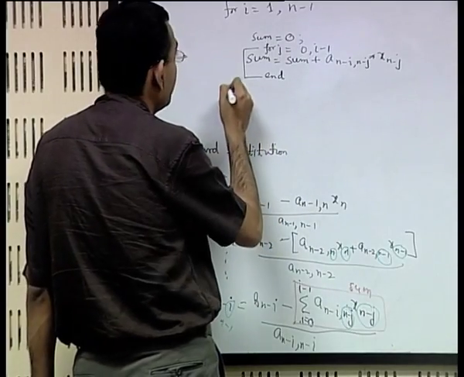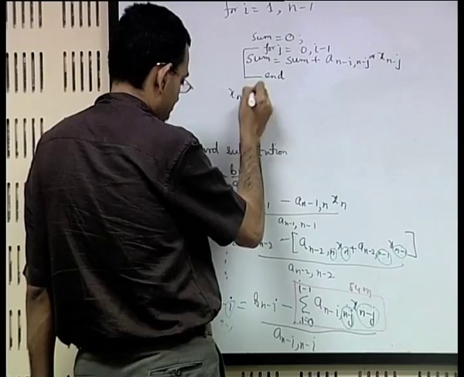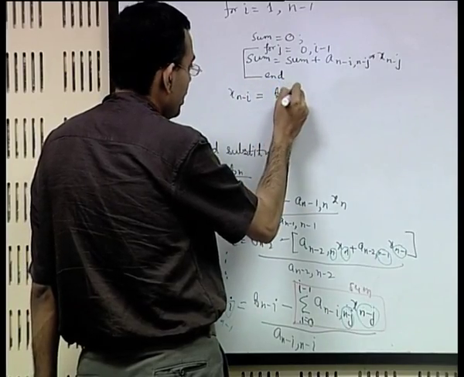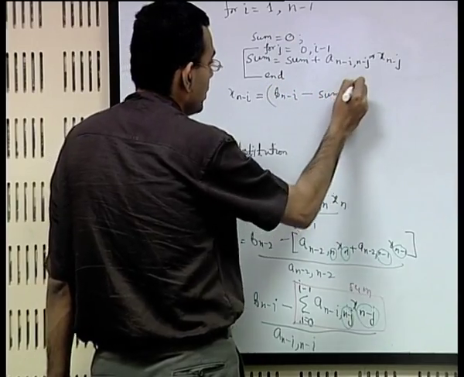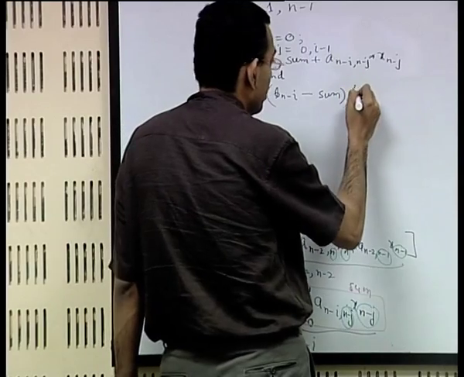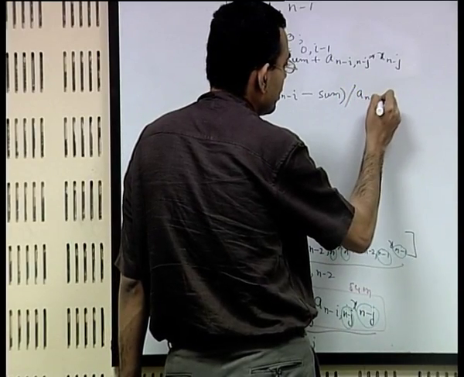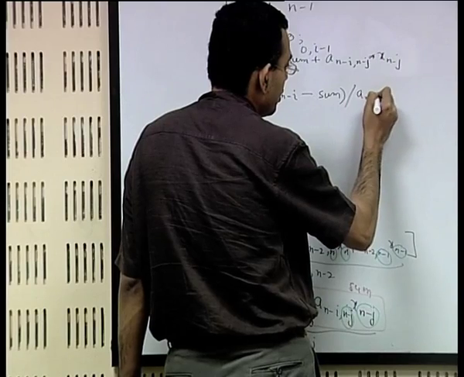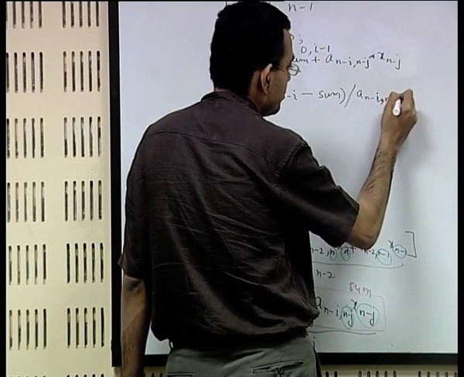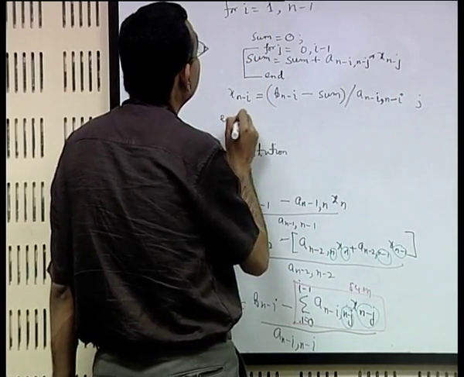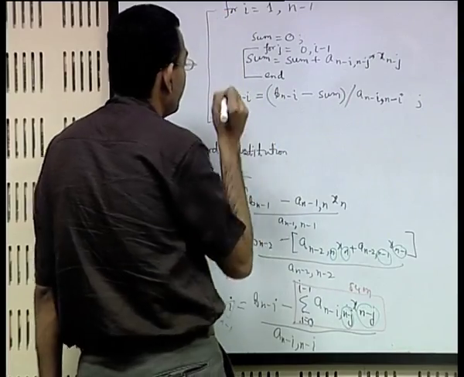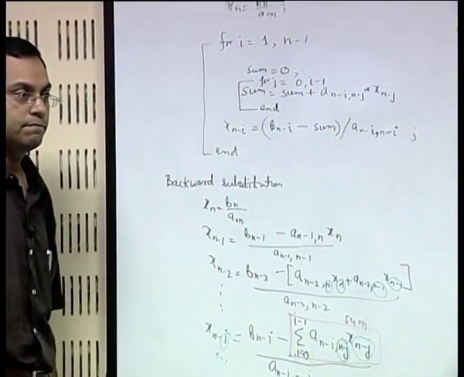So, x_{n-i} is equal to b_{n-i} minus sum, divided by a_{n-i,n-i}, and that ends the for loop over i.